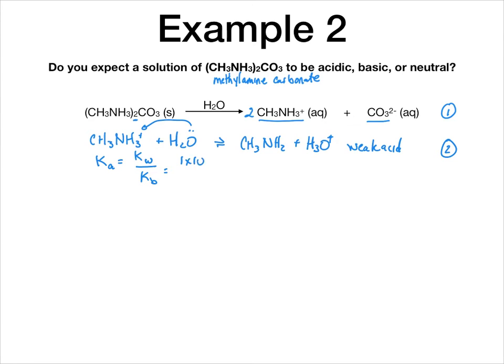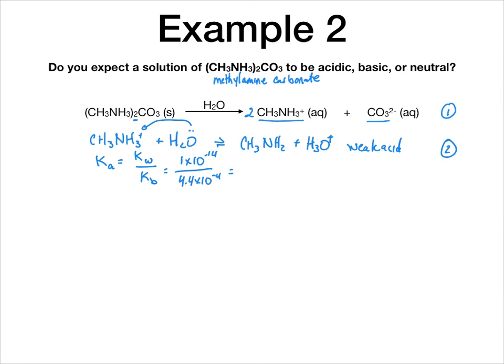And so my Kw is 1 times 10 to the minus 14. My Kb, I'm using my Ka, Kb table. My Kb is 4.4 times 10 to the minus 4th.